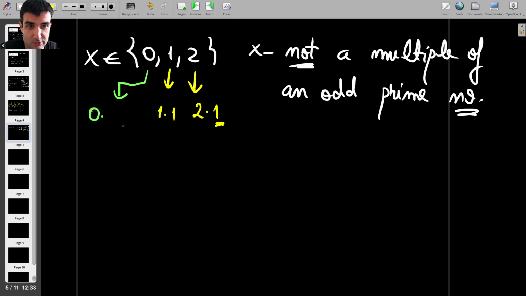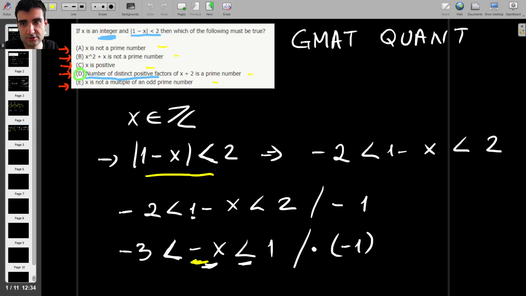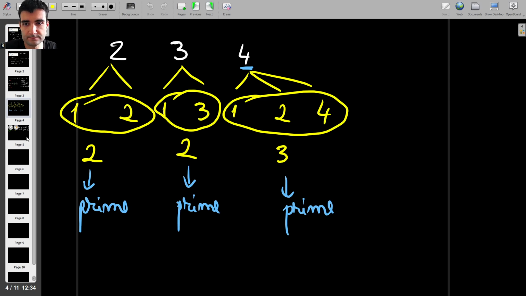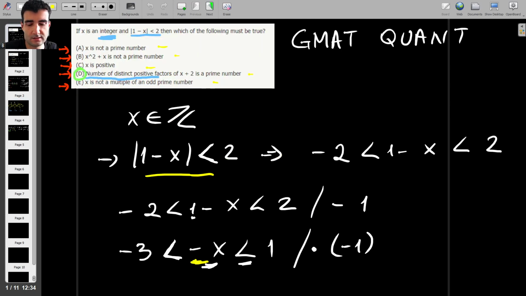You can write this as 0 times 7, right? 7 is an odd number, it's prime, and 0 is definitely a multiple of that, so that makes statement E false. Okay, so yeah, it cannot be E either, so it's D as we saw here. Okay, and that's the end of the question.